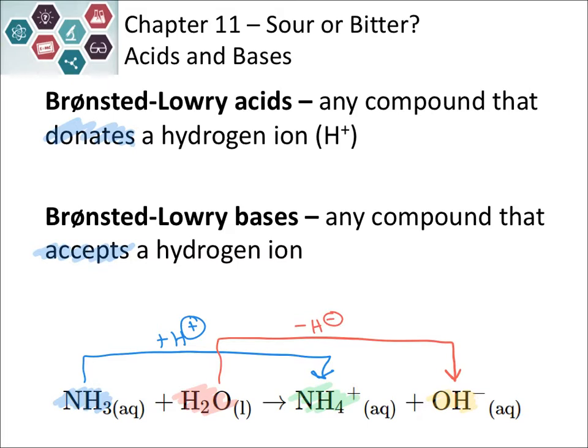Based on our definitions, if you lose or donate the hydrogen ion, then that is the acid. So in this case, water is our Bronsted-Lowry acid, and the NH3 is accepting or adding the hydrogen ion, so it is the base.